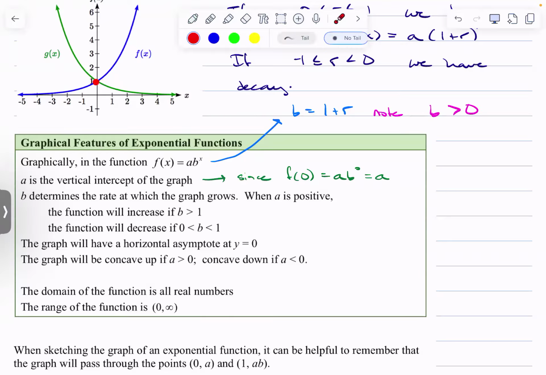In this graph here, f of 0 is 1, so a would be 1 in this case. The graph is going to have a horizontal asymptote at y equals 0. So here at y equals 0, you have this horizontal asymptote.